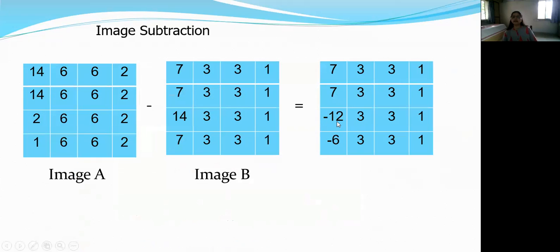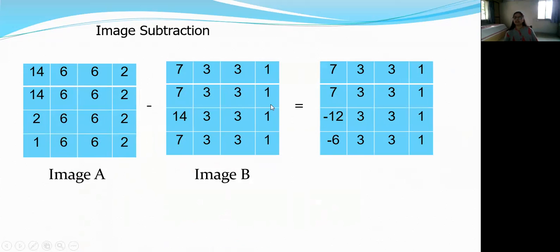And if you are not interested simply in the magnitude, like we applied range normalization after addition, we can follow the same technique here. Say you are using 4 bits per pixel to represent the image. For 4 bits per pixel, your desired range is 0 to 15.